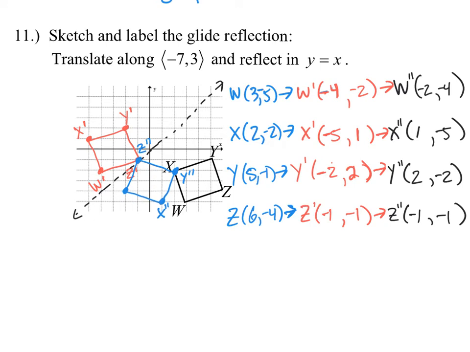Let me label that. This is W prime, or W double prime, and then X prime, Y prime, Z prime. You can see the reflection in y equals x. So again, on the quiz, you'll be provided with the coordinates of the pre-image point, and then you'll be asked to find coordinates of your first transformation followed by your second transformation.